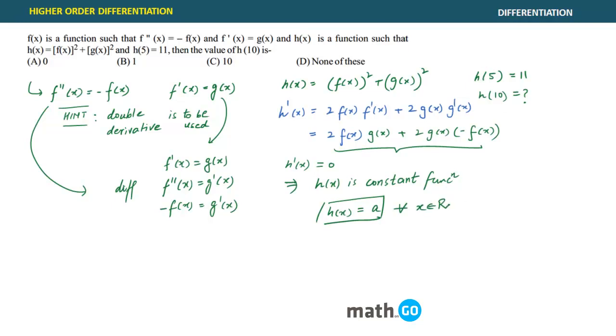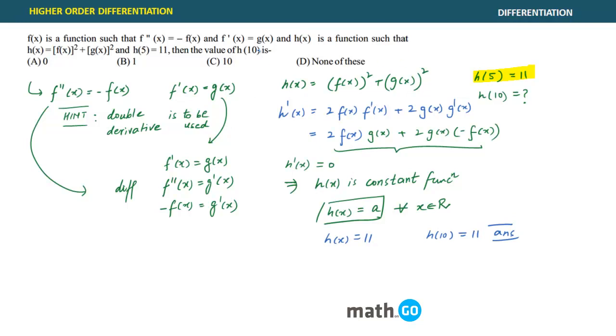So now comes the role of h(5). Why was h(5) given? That means the constant value that has to be taken in this question is nothing but 11. So that means h(x) is 11. So whether I ask you h(10), h(20), whatever, the answer will be 11 again.